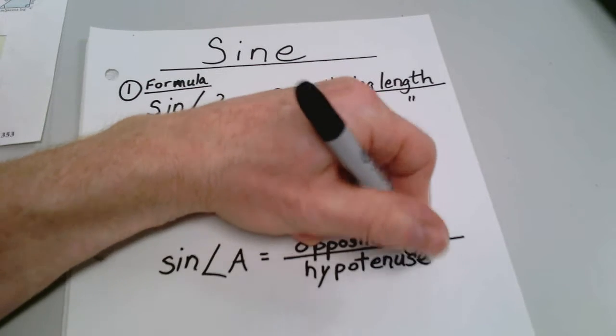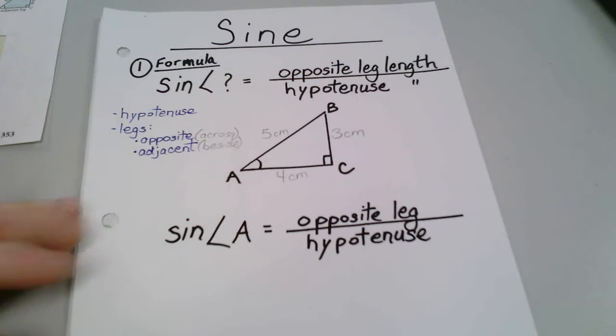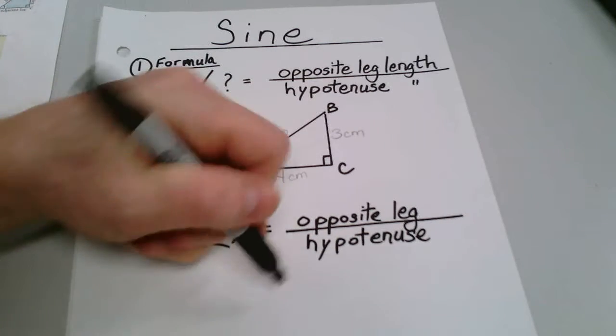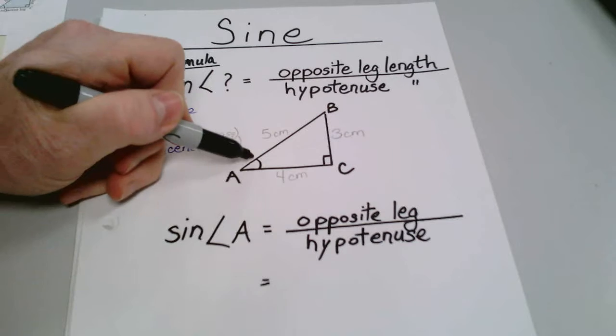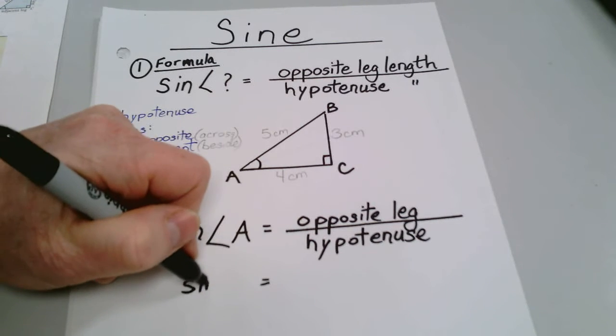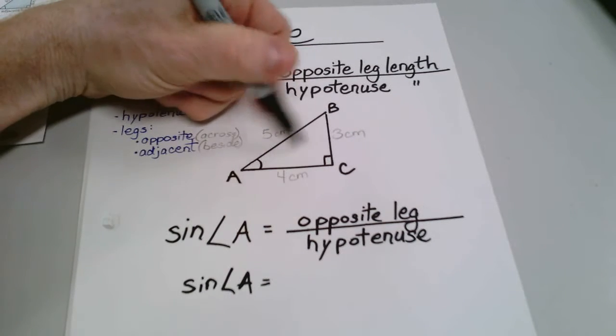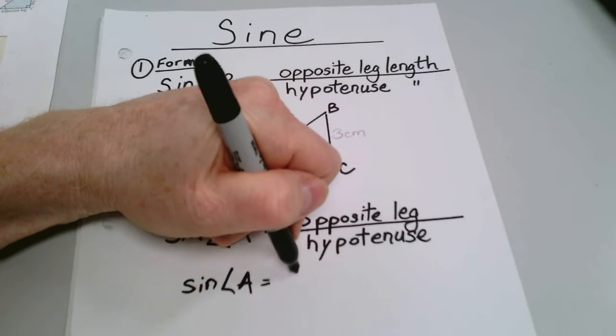So this is the formula I'd like you to write for each question. It'll look like this. So now we just plug in numbers. For angle A, the opposite leg will be on top. So the sine of angle A, opposite leg, we said is 3. It's the one that's across.